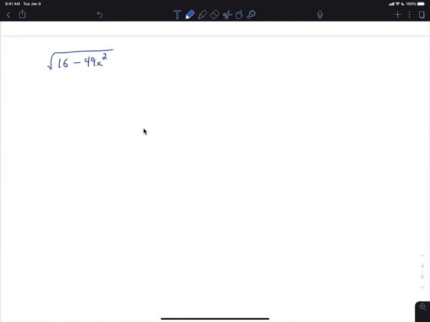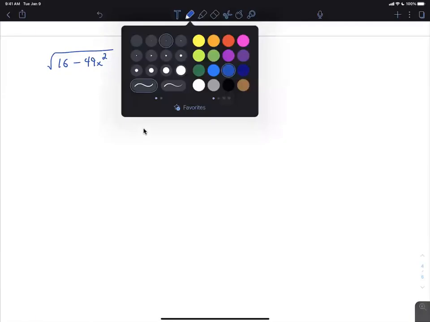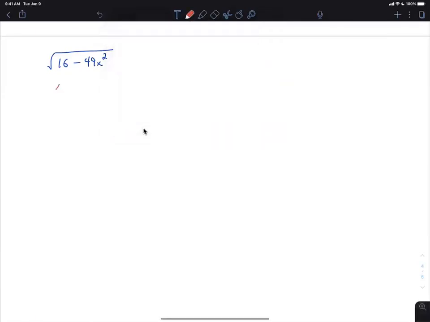So we're going to do something real weird, and we're going to decide to let x equal 4 over 7 sine of theta, okay? Now, if I do that, then this is the square root of 16 minus 49 times 4 over 7 sine of theta squared, okay?